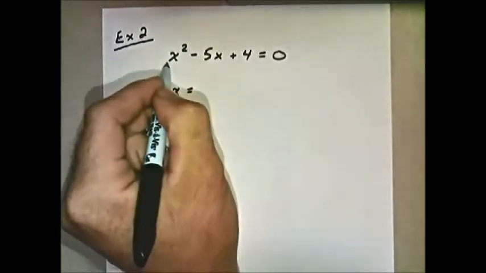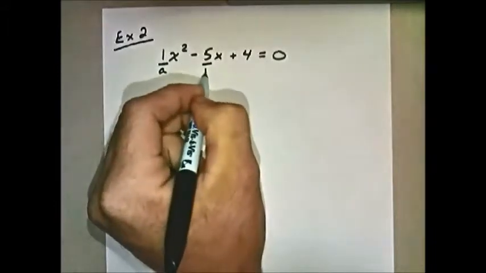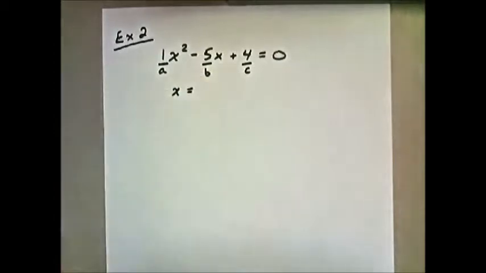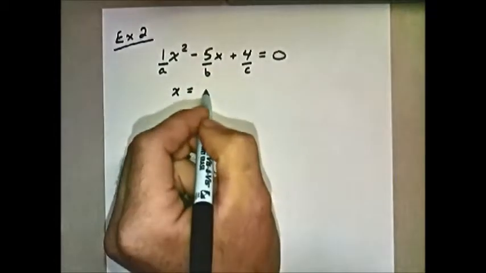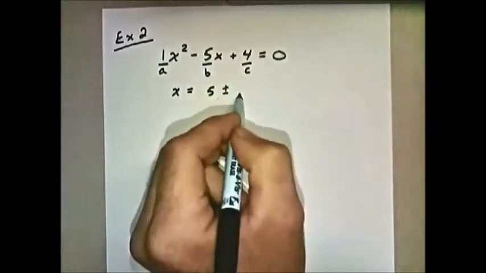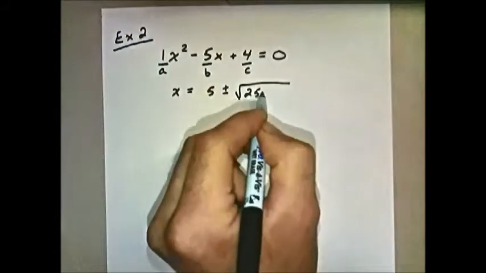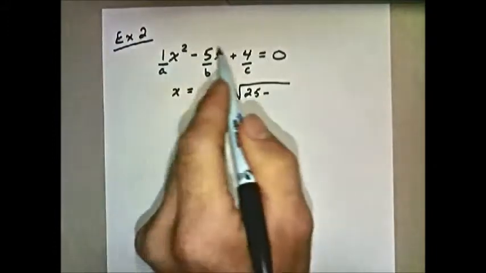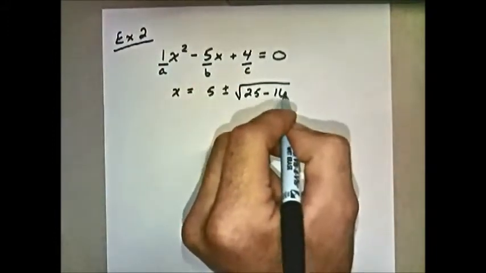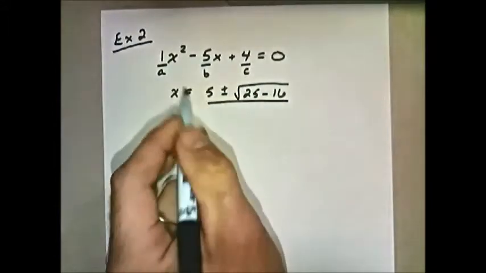So our a value this time, notice, is 1. Our b value is negative 5, and our c value is 4. So our quadratic formula tells us the negative of b plus or minus the square root of b squared minus 4 times a times c, all over 2 times a.